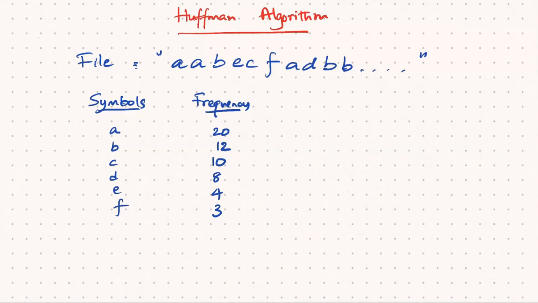So one way to encode it is what is known as a fixed length encoding.